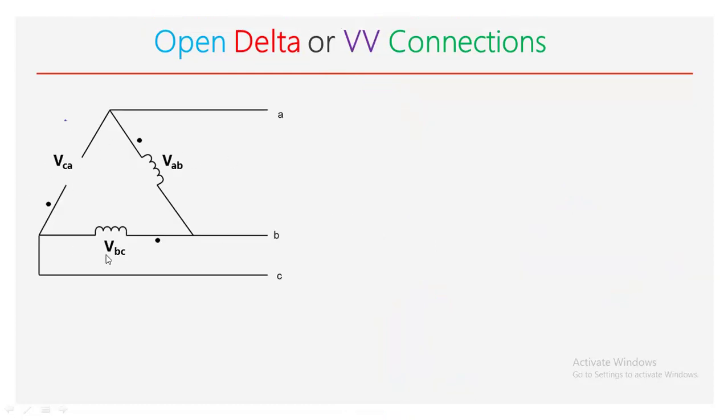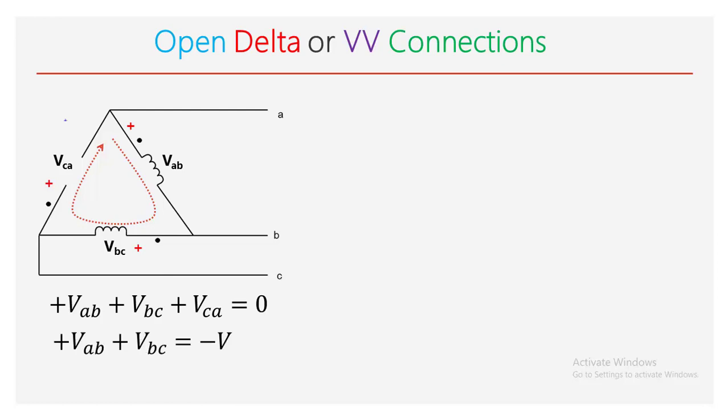In this figure, the voltage across each winding or each phase is shown along with the polarities. Applying KVL for the circuit, we'll get the voltage equation as VAB plus VBC plus VCA is equal to 0.